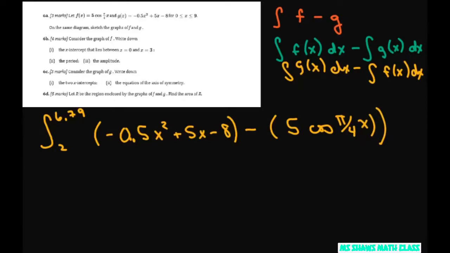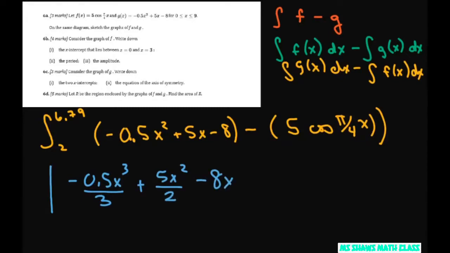All right, so let's integrate. And when you integrate, you're going to get negative 0.5x cubed divided by 3, plus 5x squared divided by 2, minus 8x, minus, now with this pi over 4, you want to divide this by pi divided by 4.